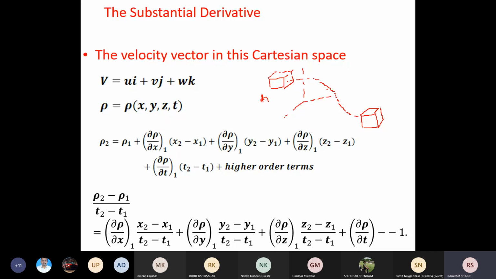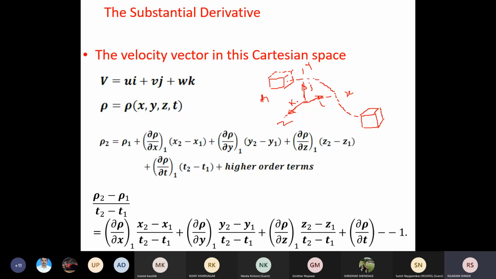This is your x, this is your y, and this one is your z. Here the unit vector in x direction is i, the unit vector in y direction is j, and the unit vector in z direction is k.